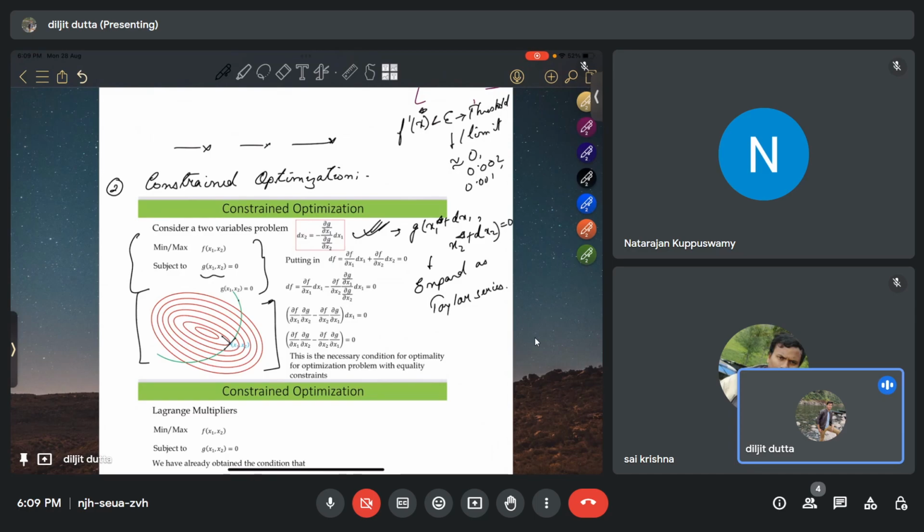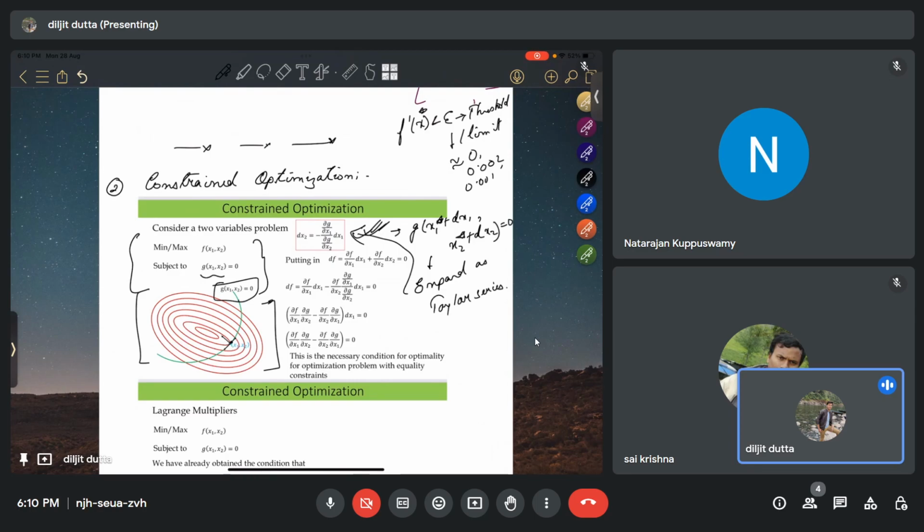We assume some point x1 star, x2 star, and even if we increase x1 by dx1 and x2 by dx2, the constraint should still satisfy the condition; it has to follow this condition always. So if we expand this, we get this condition.